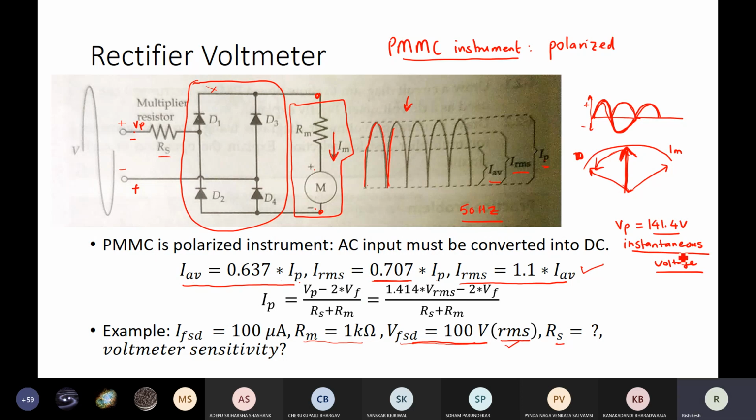So this voltage is getting divided across RS, the voltage drop across D1 and D4 in the first positive cycle, let's say. In the second cycle it will be the other pair, but the calculation remains the same for both. So D1 and D4, and then the voltage drop across the meter, right? Now you have to subtract the voltage drop across the diodes.